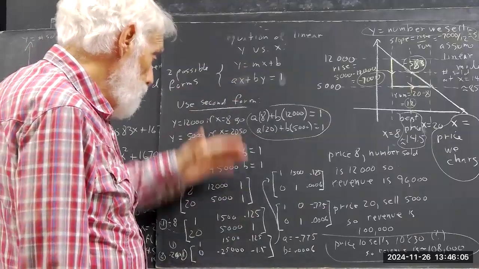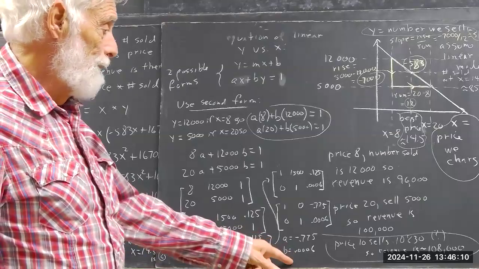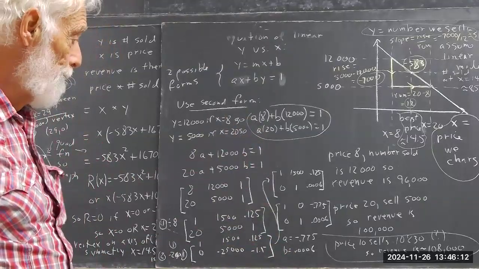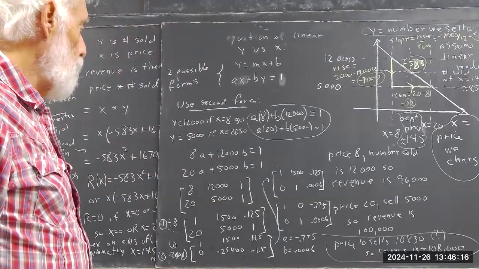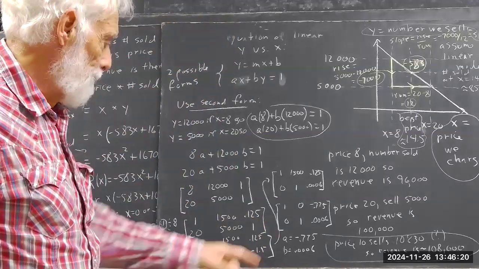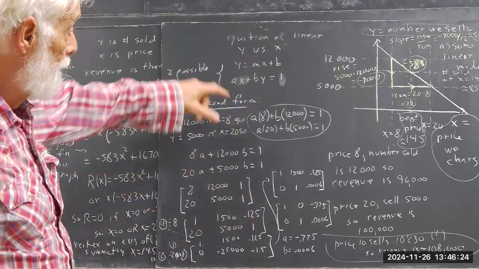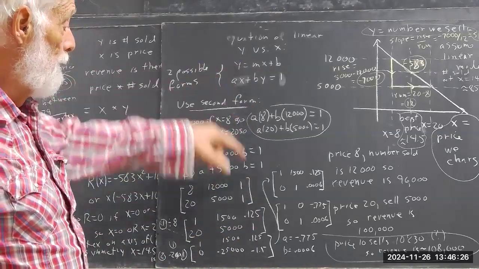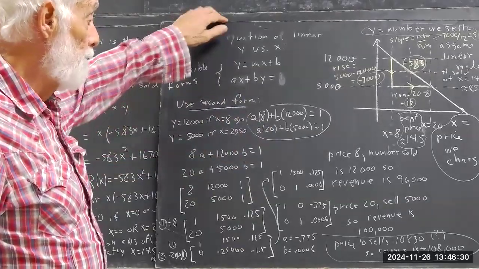I did that mainly to illustrate the use of the augmented matrix. And I came out kind of halfway right. I got the right y-intercept with the revenue graph. Somehow the slope got all messed up. So there's something in the calculation here that we'll fix. That's not what's important. What's important is use this form or this form to get the revenue function. Well, we chose then to use this form.